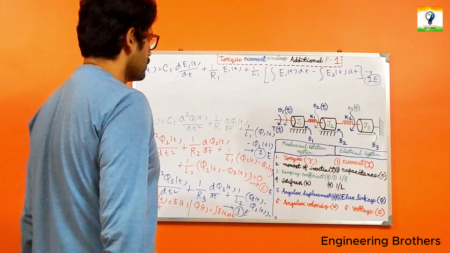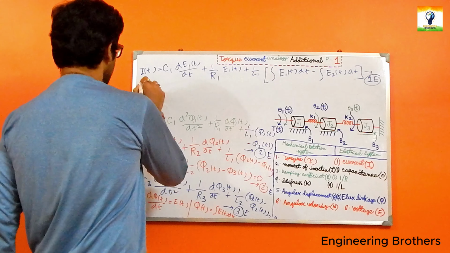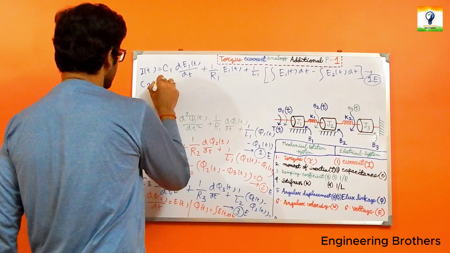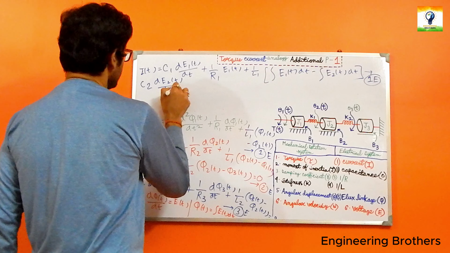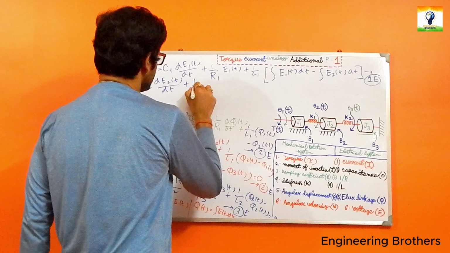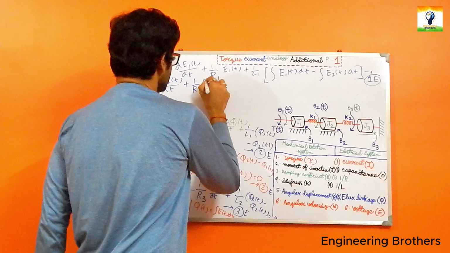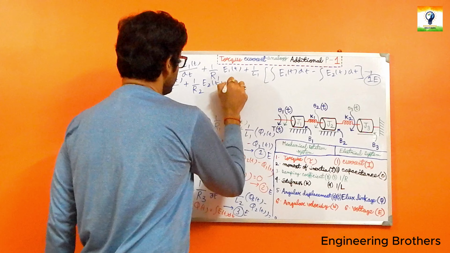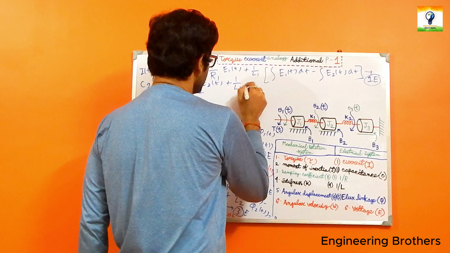So we can go to the next equation, which is this one, C2 dE2(t) divided by dt for this one, plus our 1 by R2. This one will be our E2(t), plus this one will be our 1 by L1.